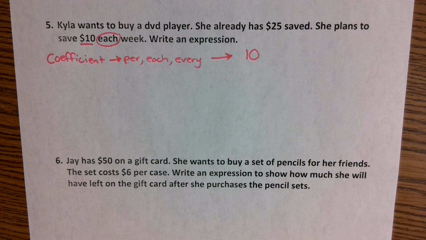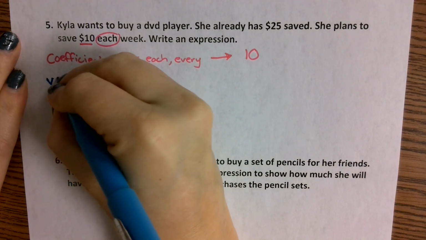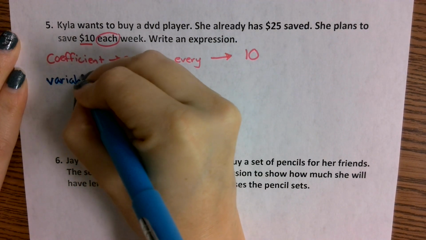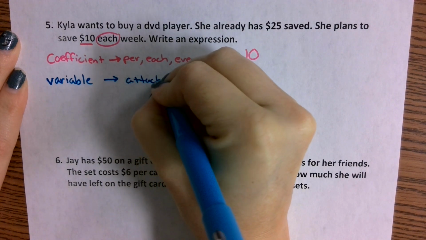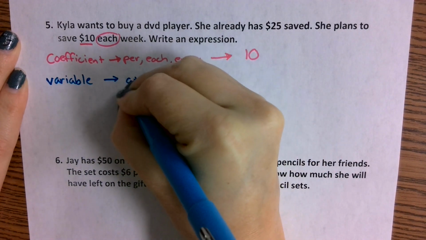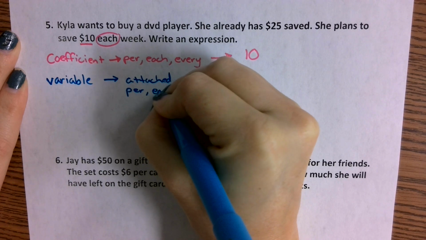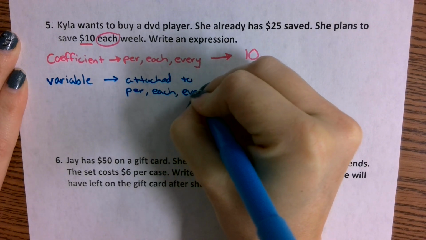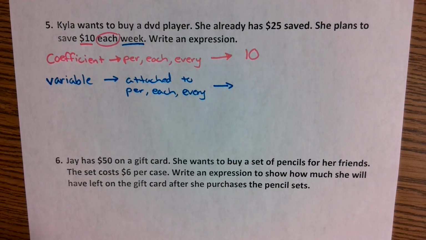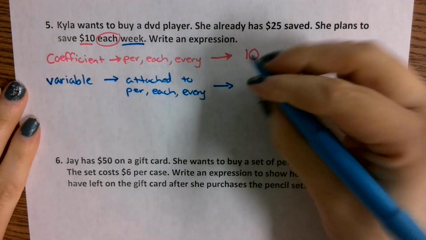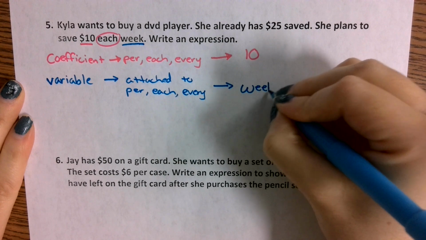Your variable is also going to be attached to that per, each, and every. So our variable in this case is going to be weeks. Now, obviously, I'm not just going to write weeks as my variable.